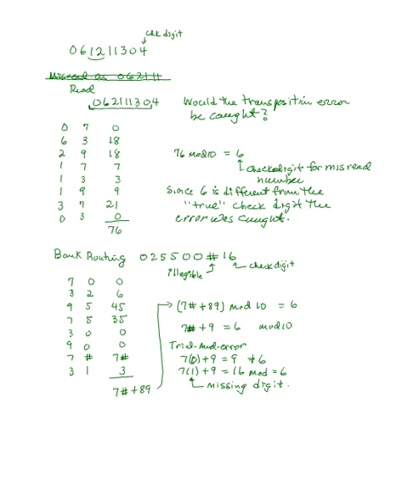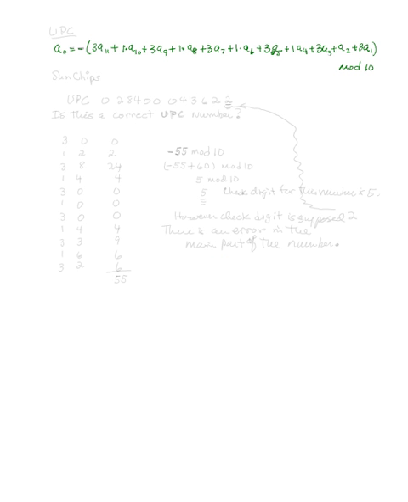Okay, we'll go to one more example and talk about the UPC digit. The formula for the UPC code is that the check digit, A0, is the negative of the whole quantity.